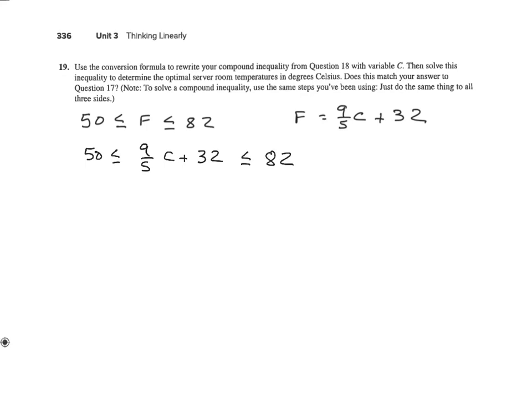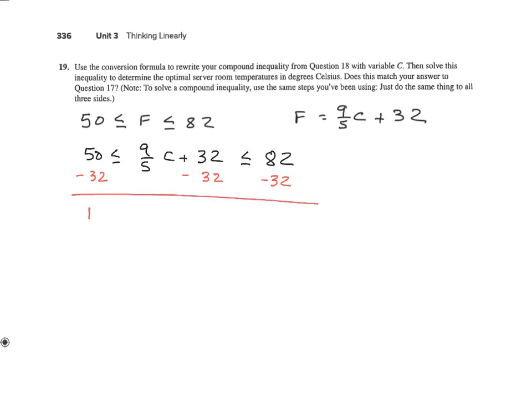Okay, all of a sudden we no longer just have two sides of inequality, we have three sides. Then they ask us to solve the inequality to determine the optimal server room temperature in degrees Celsius. Okay, well, how we do this is we do still need to get the C by itself. So I still need to subtract that 32, but I have to subtract it from every side of my inequality.